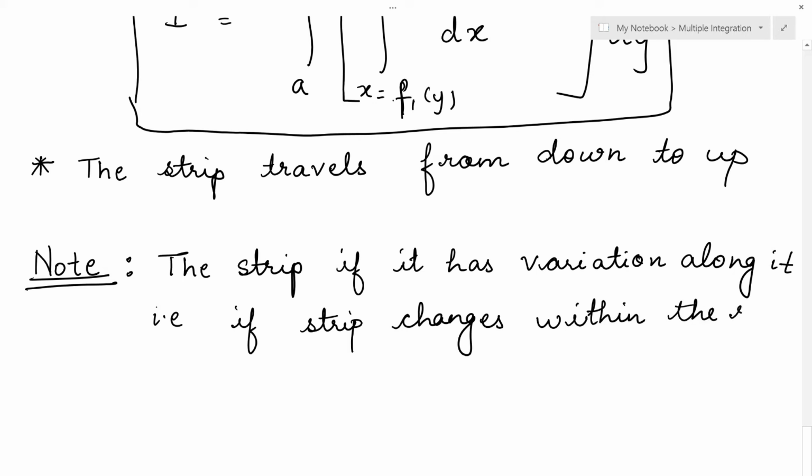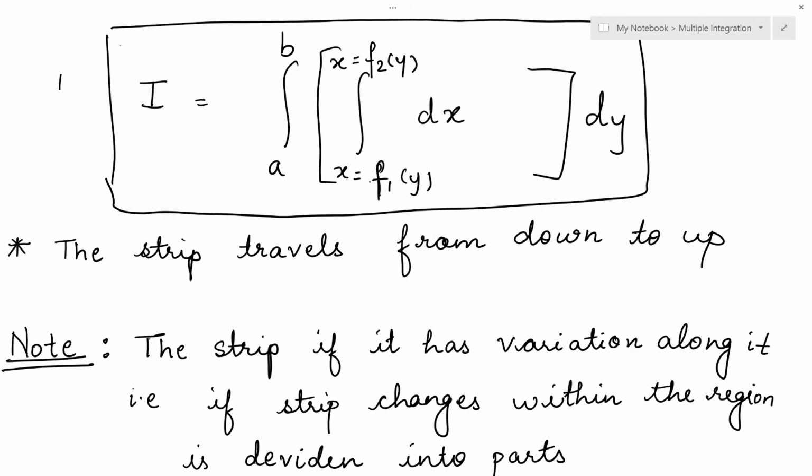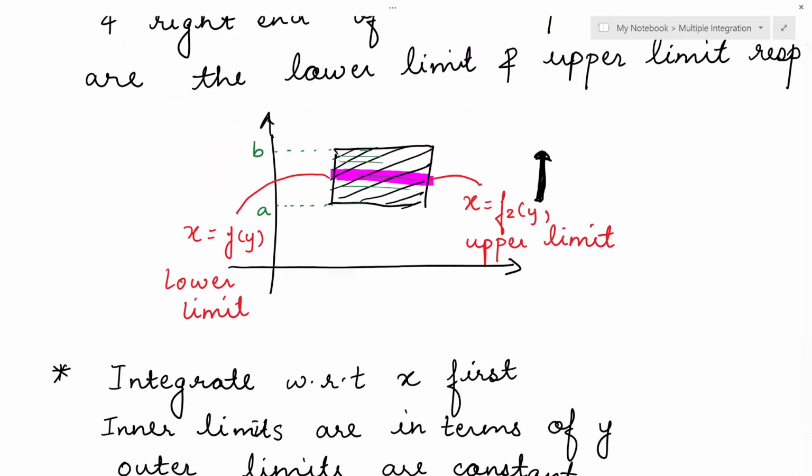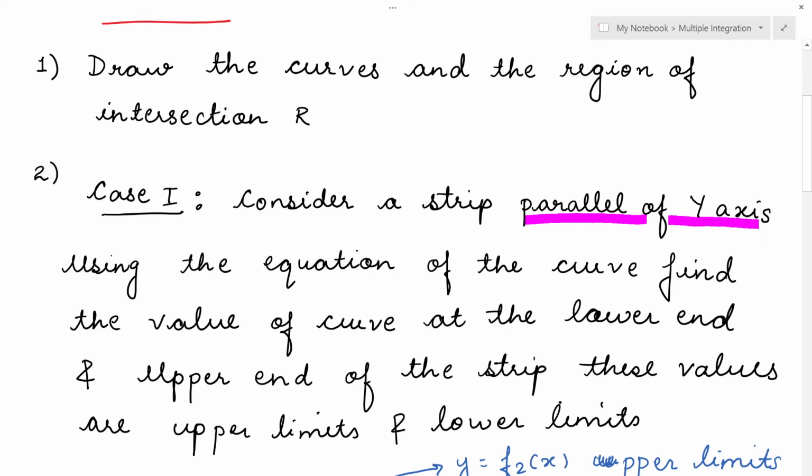So in this case what you will do is, the region is divided into parts. So you can divide the region into R1 and R2. That means single integration can be broken into I1 plus I2. That is two integrations. Okay, so let us revise whatever we had taken and then we will see sums on this. This is not very easy actually, but if you understand this theoretical part, then the sums become simpler.